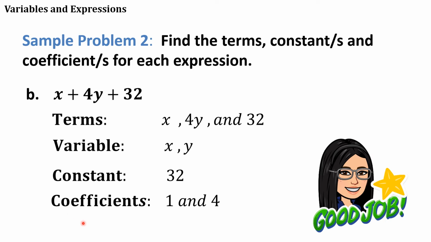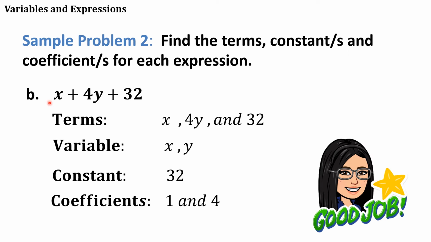Now the coefficient is the number that is near our variables, and we have the number 4 and the number 1. Even though we don't see the number 1 there on our x, there's always a coefficient next to our variables.